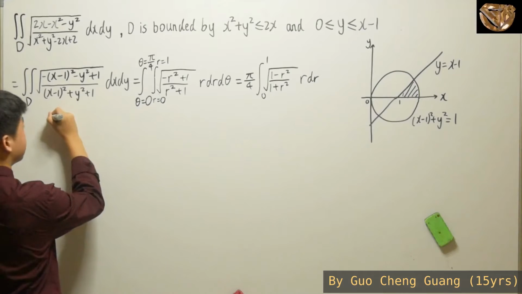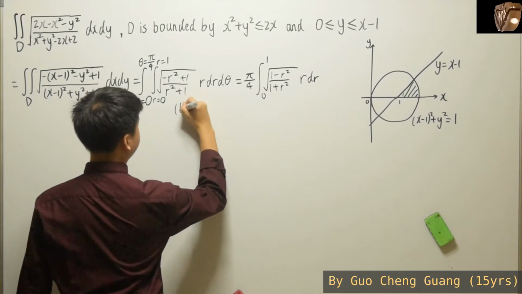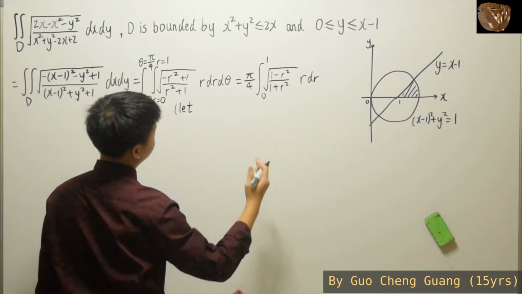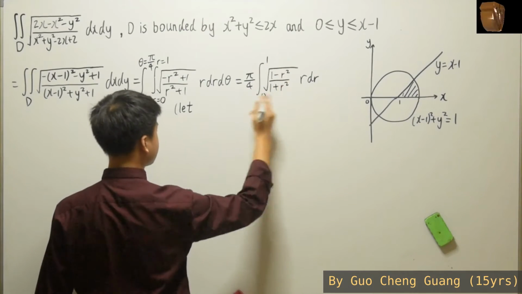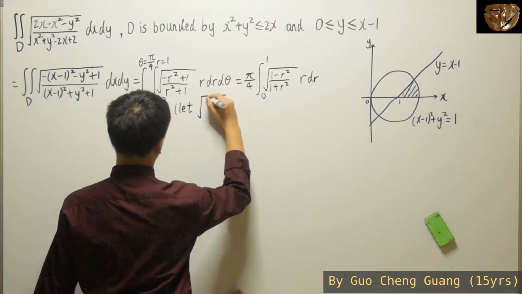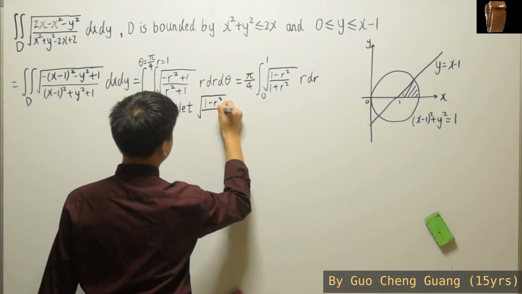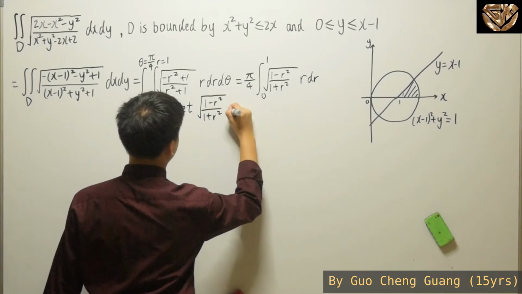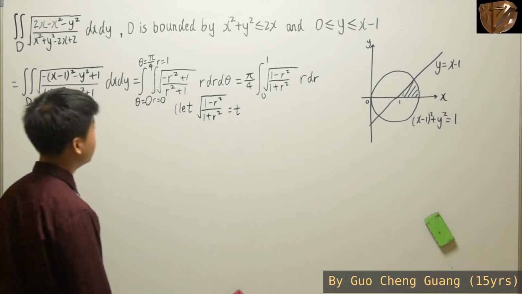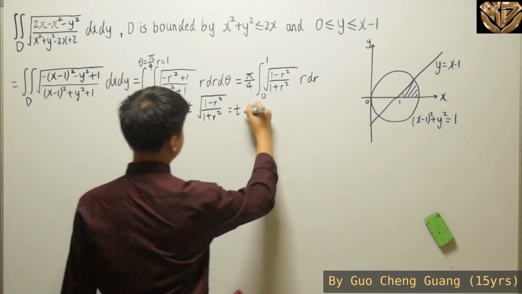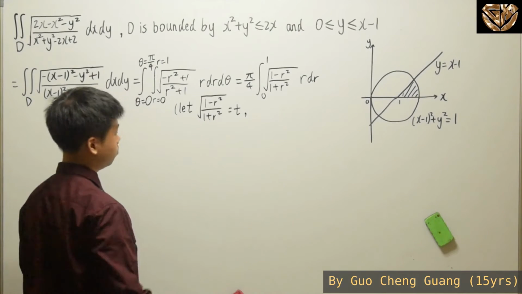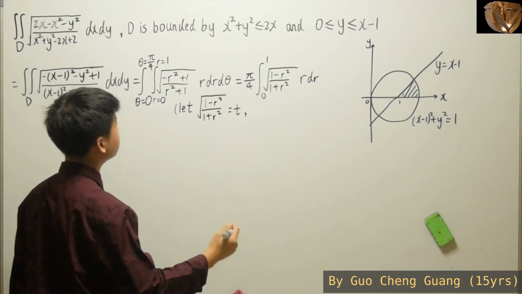Now in this substitution, let's say letting r doesn't do anything. How about let's let this entire square root be, well, something, let's say t, for example. Now this entire thing is equal to t. So what's so special about it?